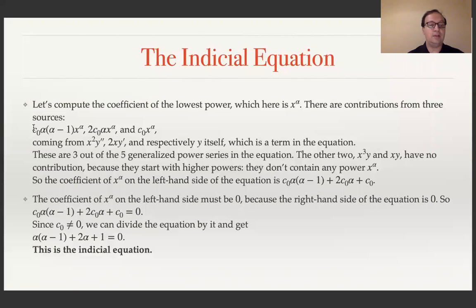So we had x to the alpha in 3 places: C0 alpha times alpha minus 1 x to the alpha, 2C0 alpha x to the alpha, and C0 x to the alpha.